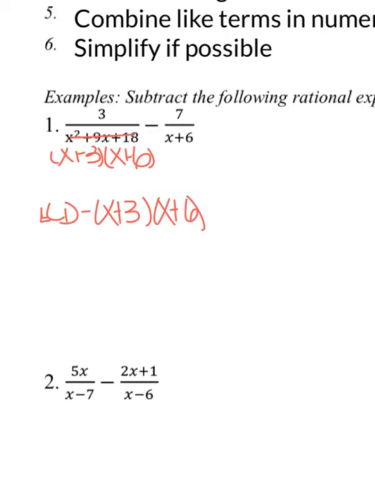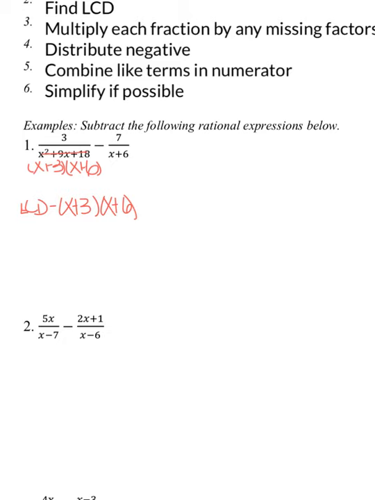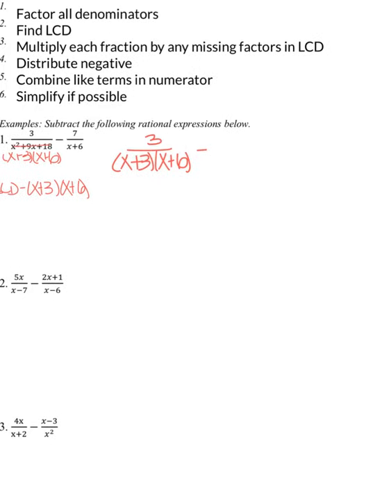Okay, so your first fraction, your denominator is already x plus 3 times x plus 6, so you're good to go on the left. That's going to stay as 3 divided by x plus 3, x plus 6. Then you have minus. Now this other fraction is 7 divided by x plus 6. So you're missing the x plus 3. So you're going to multiply the top and the bottom by the x plus 3.